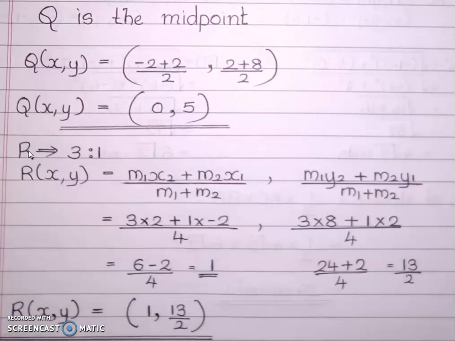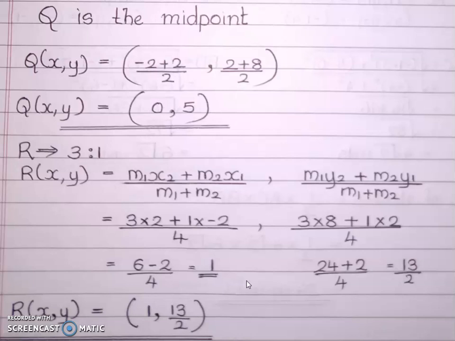In which ratio the point R divides the line segment? 3:1. That is M1 is 3, M2 is 1. Substituting the values, I'll get the coordinates of the point R as (1, 13/2).